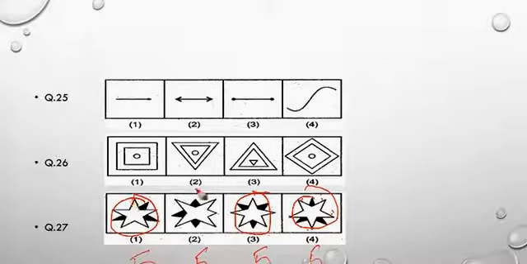But in case of option 2, there is no symmetry, because certain edges are broad, certain edges are small. So on the basis of symmetry, we find that option 2 is the answer for this question.